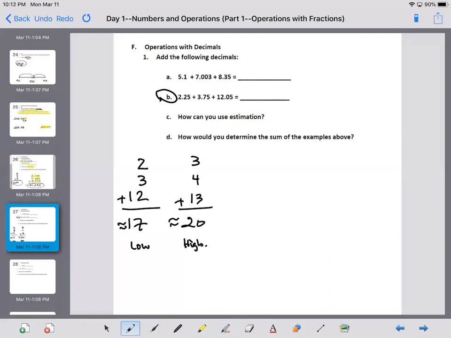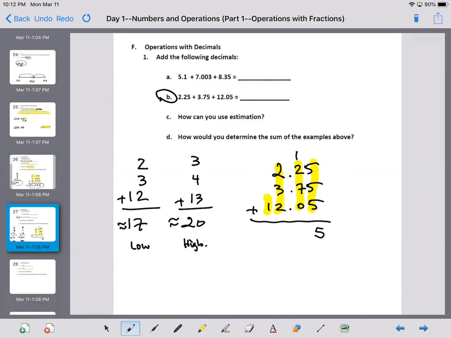Now if I go ahead and add those together, so it's 2 and 25 hundredths, 3 and 75 hundredths, and 12 and 5 hundredths. So again, line up your place value. So this is going to be 15 hundredths, and 15 hundredths is 5 hundredths and 1 tenth.